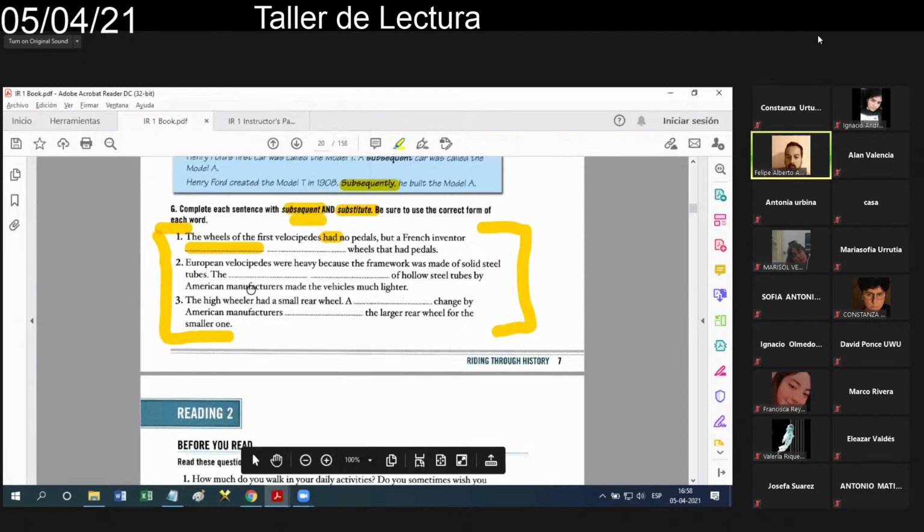Continue. Number 2, European velocipedes were heavy because the framework was made of solid steel tubes. You give me the answer, the two.